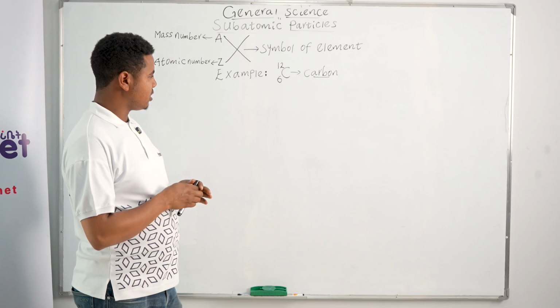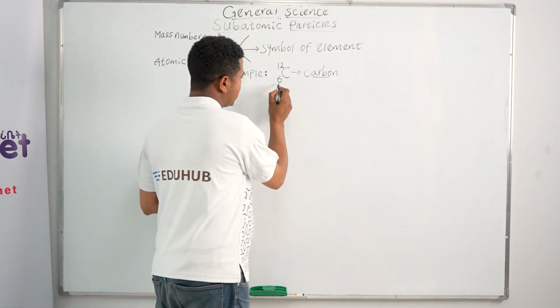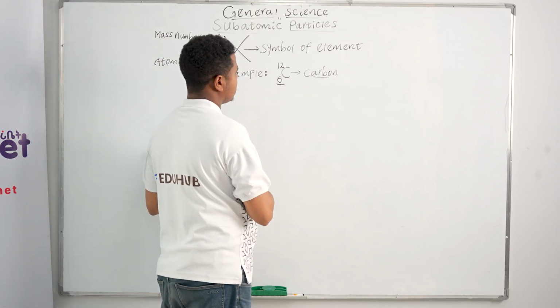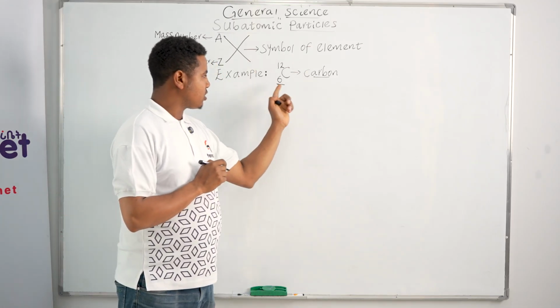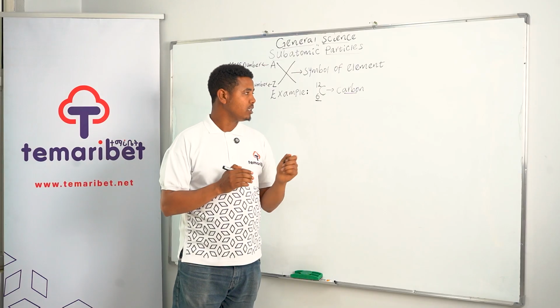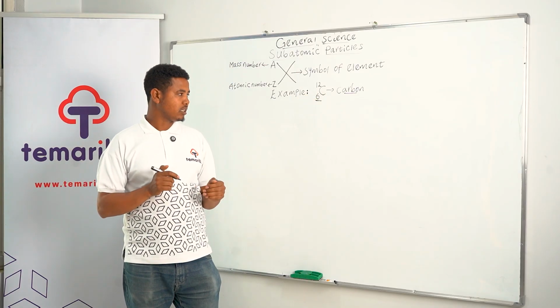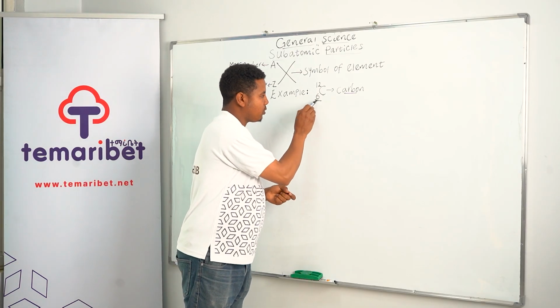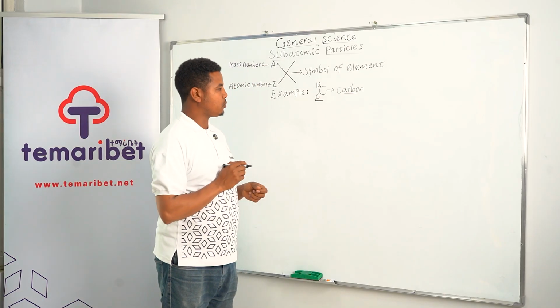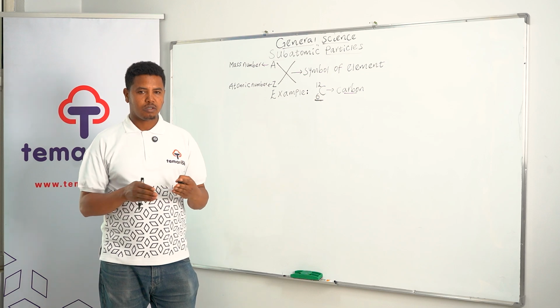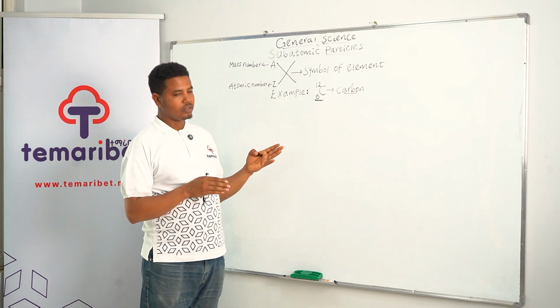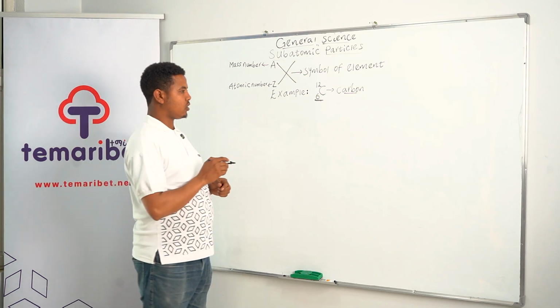So for example, here 6, C and 12 are written. C stands for the element carbon, which is the symbol of carbon. And now we'll investigate which one is the atomic number, which one is the mass number, and also how to calculate the number of particles from it.